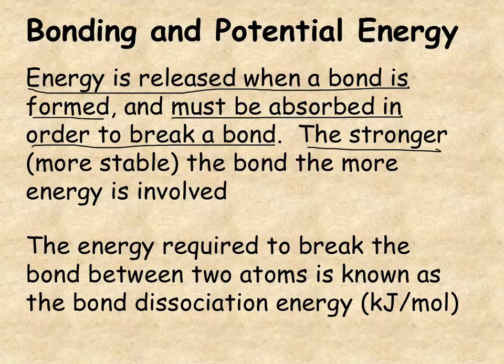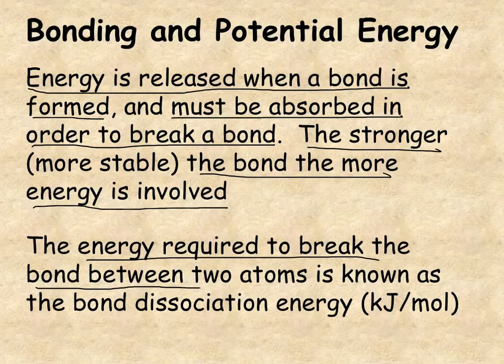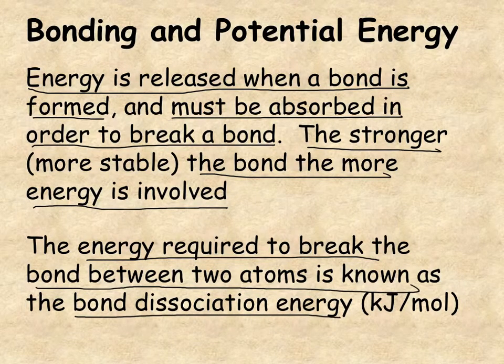And the stronger the bond, the more energy is involved to break it. The energy required to break a bond between 2 atoms is known as the bond dissociation energy. So the takeaway from this slide is that there's potential energy stored in chemical bonds.